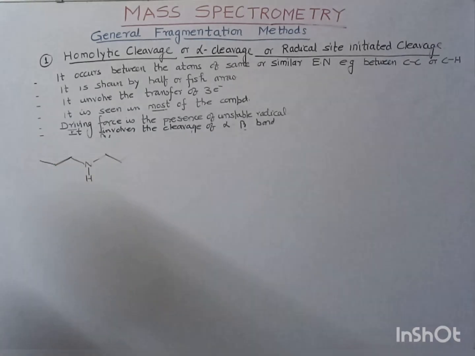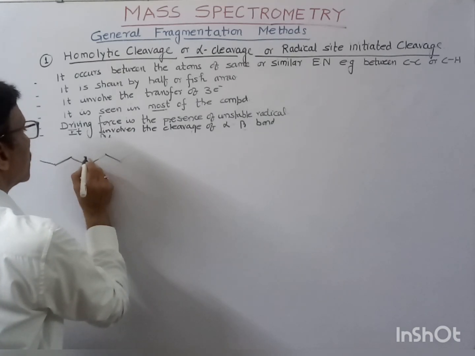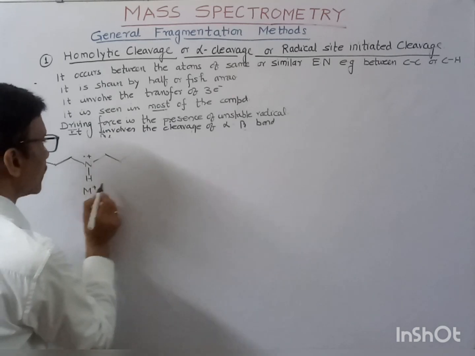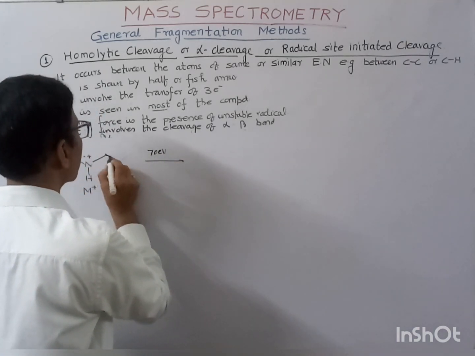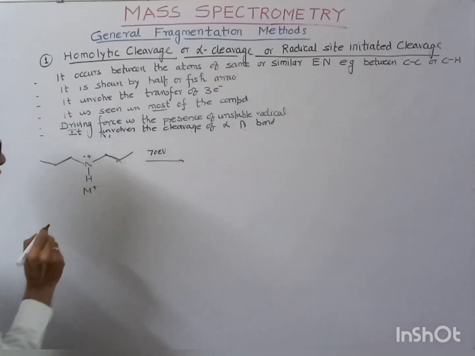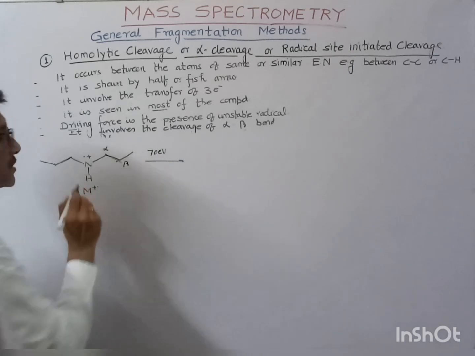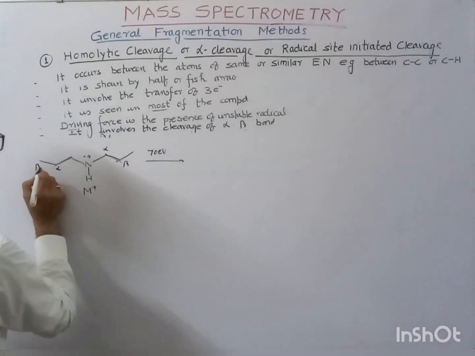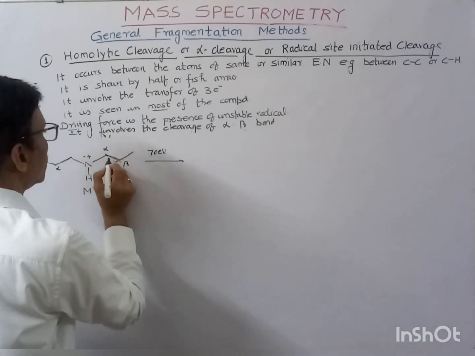So this is our amine, and if we have a radical cation, this is the molecular ion, and at 70 electron volt it will undergo cleavage. So this is our alpha-beta bond, and this is a symmetrical type of amine. This is also an alpha-beta bond, so either from here or from here, it will undergo cleavage.